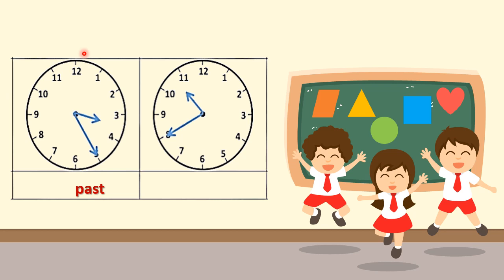Count by 5. 0, 5, 10, 15, 20, 25. 25 minutes past. 3 or 4? Yes, go to the small. Past, go to the small. 3. 25 minutes past 3.